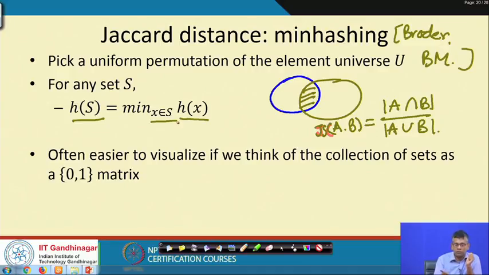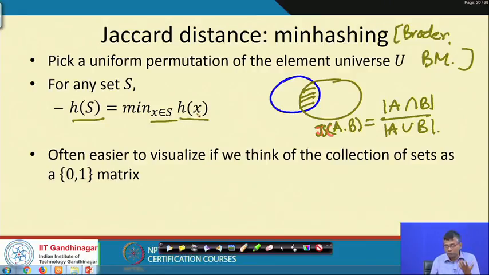Without loss of generality, we can say that the universe consisted of the numbers from 1 to n, so taking the minimum is well defined. We consider a random permutation of 1 to n, and calculate the minimum of h of x over all elements in the set.